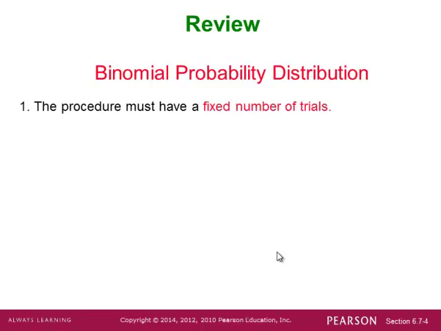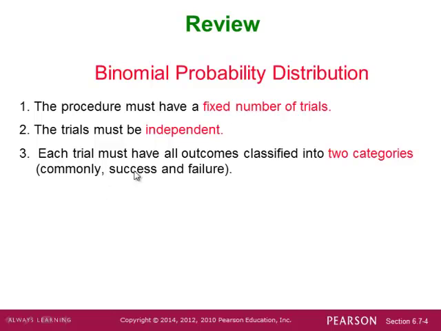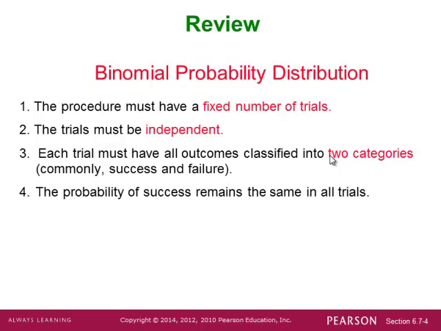Now here's a review. Binomial probability distribution. We need to have a fixed number of trials. The trials must be independent. Each trial must have one of two possible outcomes, either a heads or tails, for example, or you draw a card that's either black or red, etc. The probability of success remains the same in all trials.